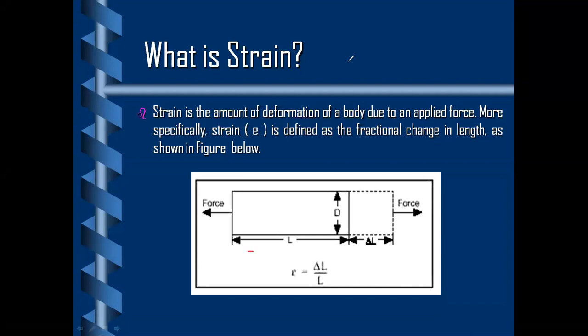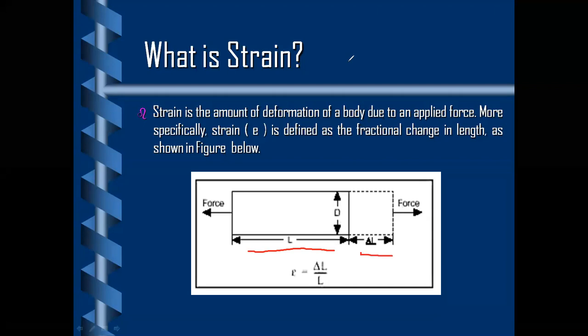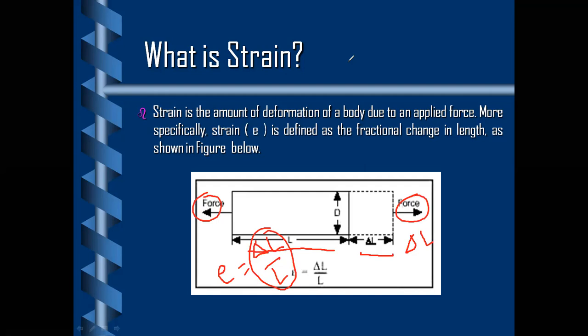This one was the actual length, and this is the change in length, delta L. So the output, the strain E, which has been generated, is the ratio delta L upon L. This is the change in length that we have achieved due to the applied force on the strain gauge.